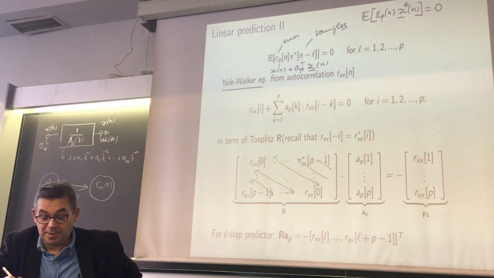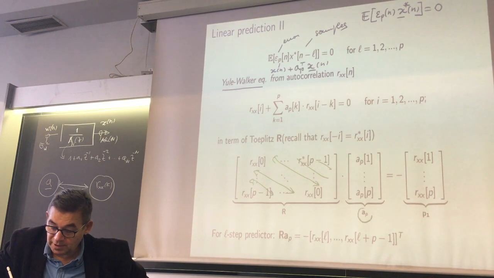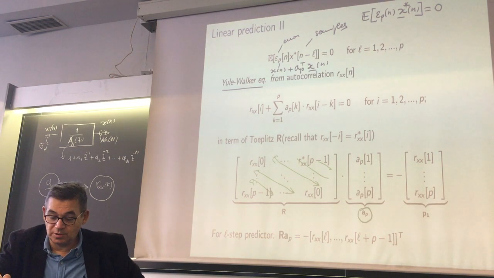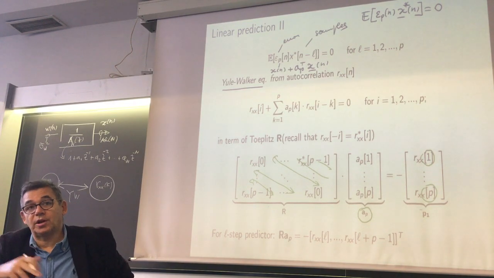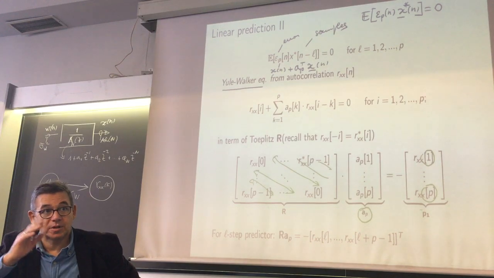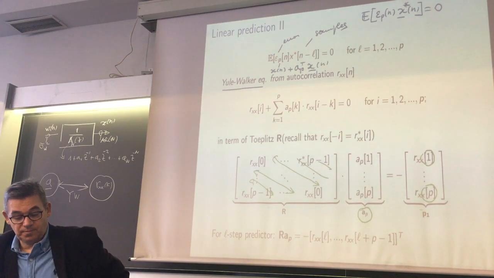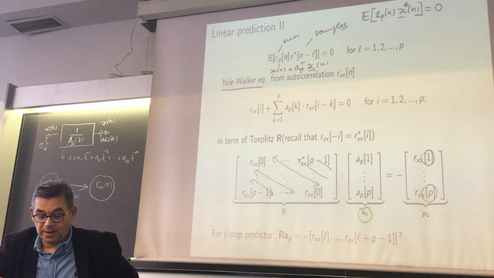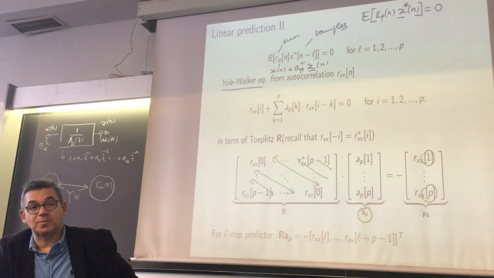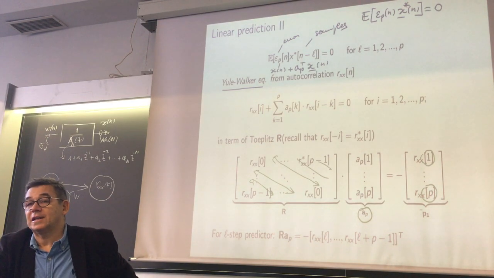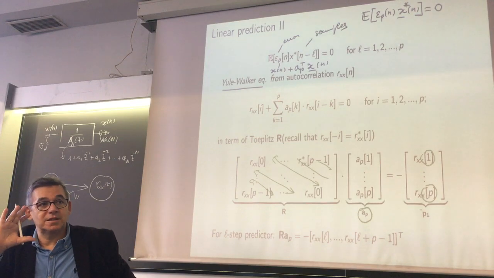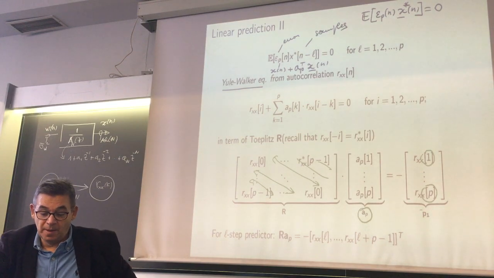This matrix multiplied by the set of coefficients, which is the filter, is equal to a vector containing the autocorrelation coefficients at lags 1, 2, and 3. That gives me my linear predictor. I invert the matrix and it's over. So analytically, it's closed in this way.